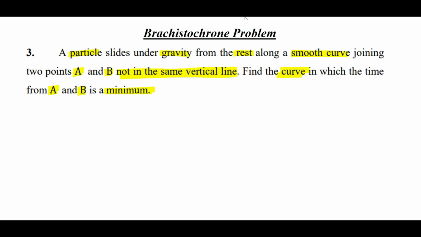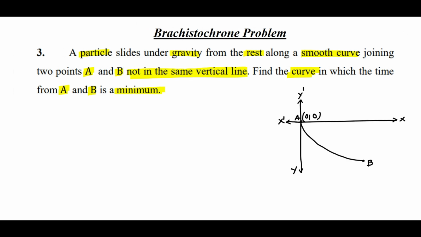So now here, first of all, we will draw the diagram. So this is our required diagram. You can see this is our final point. Let us suppose this point is x1, y1, and that is the origin, and the particle is moving along this curve.